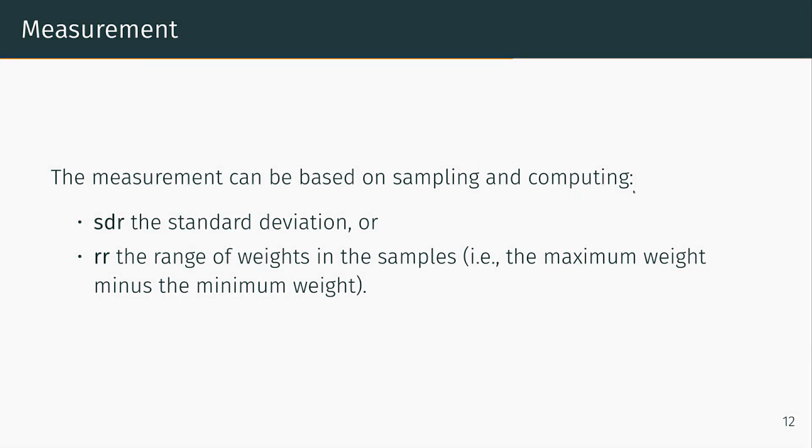So what measurement can we use to measure how the circles in a rectangle are spread out? We can simply do this by sampling the assignments in the rectangle and computing either the standard deviation or the range of weights in the samples.